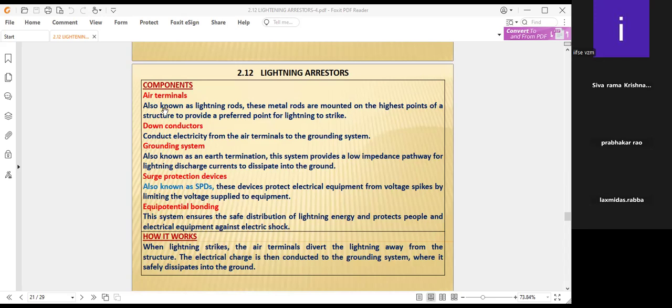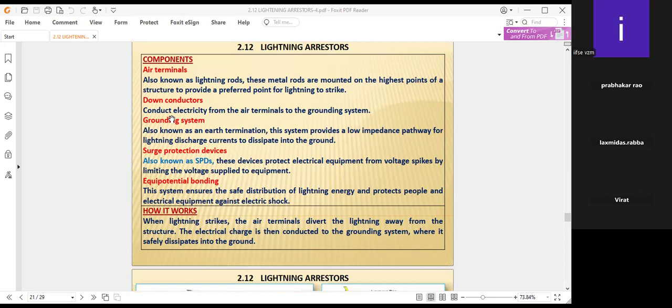Air terminals are also known as lightning rods. These metal rods are mounted on the highest points of a structure to provide a preferred point for lightning to strike. As discussed, they are installed on top of the building. Down conductors conduct electricity from the air terminals to the ground system.